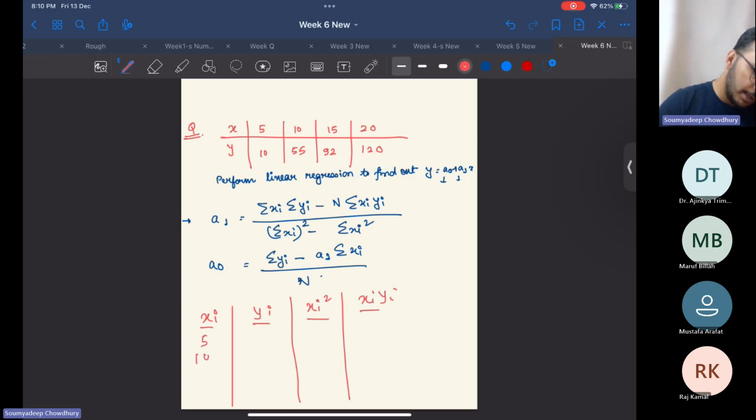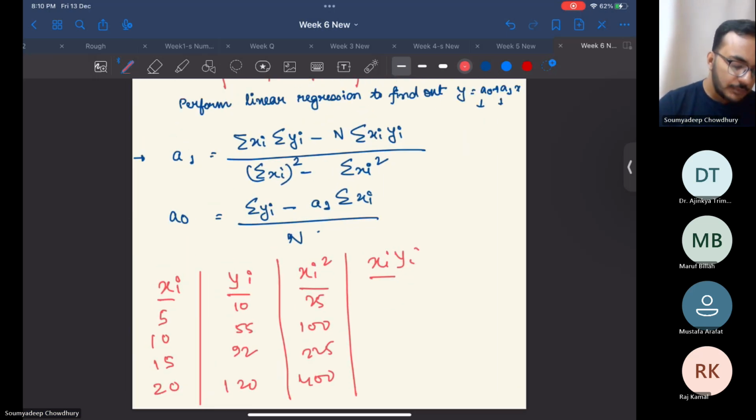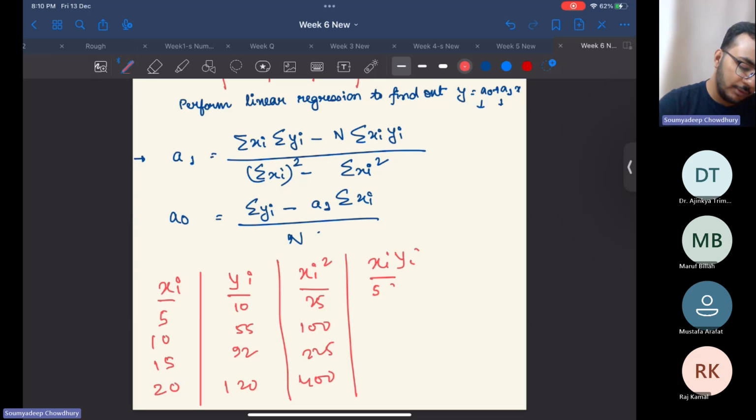So xi is 5, 10, 15, 20, yi is 10, 55, 92, and 120. Xi square is 25, 100, 225, 400. Xi yi is here 5 into 10, 50, 550, 1380, 2400. So you have this.